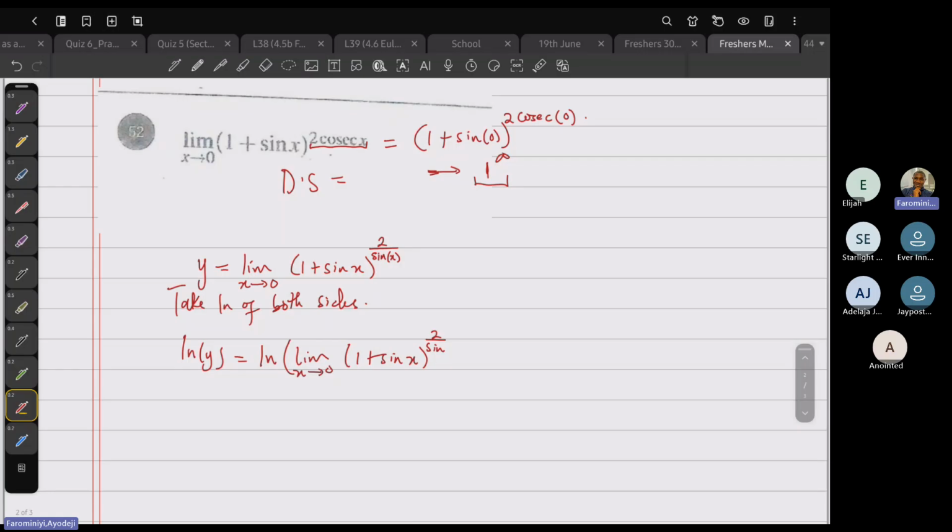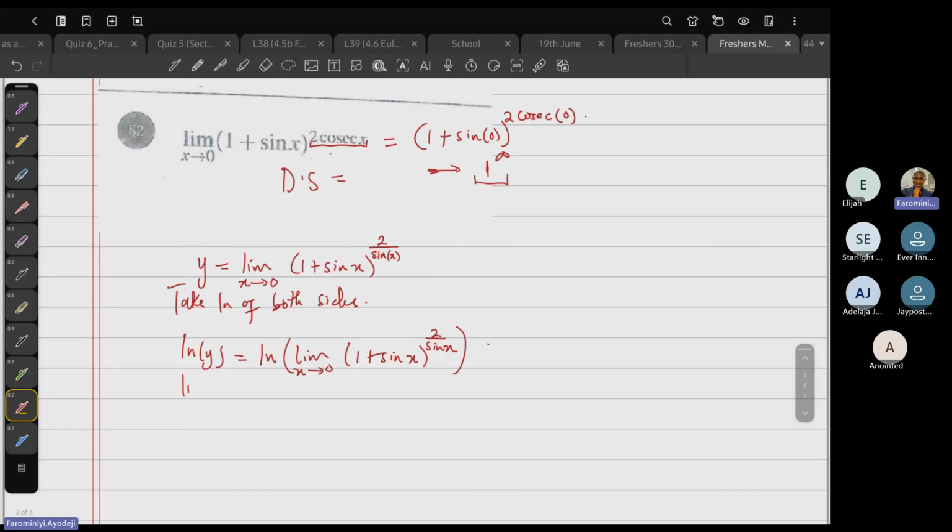So as I was saying, in this particular situation, we have natural log of y is equal to the limit as x goes to 0. So the logarithm can go inside. So the logarithm of 1 plus sine x, then raised to power 2 over sine x, or 2 cosec x.